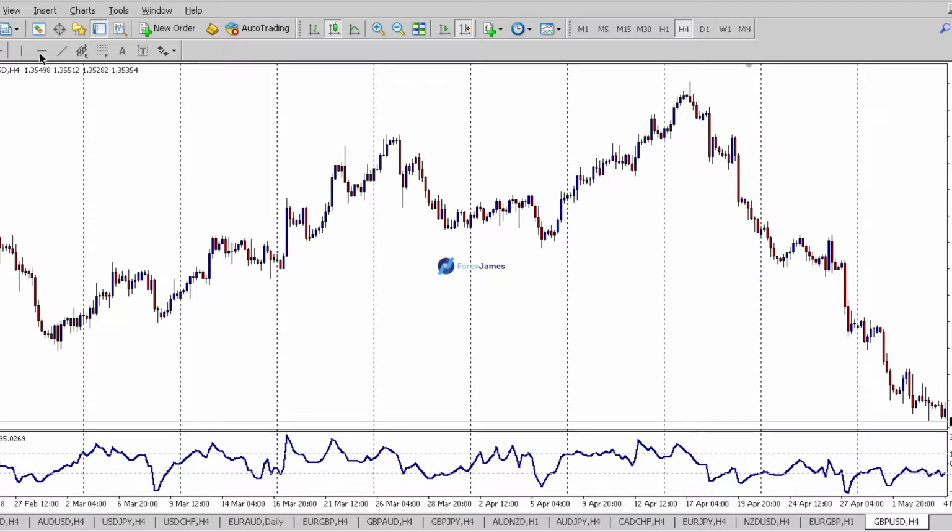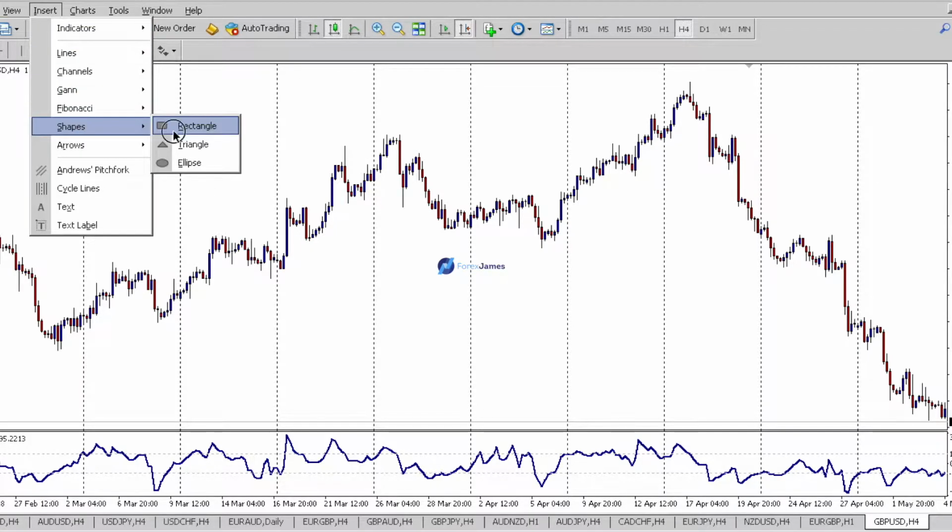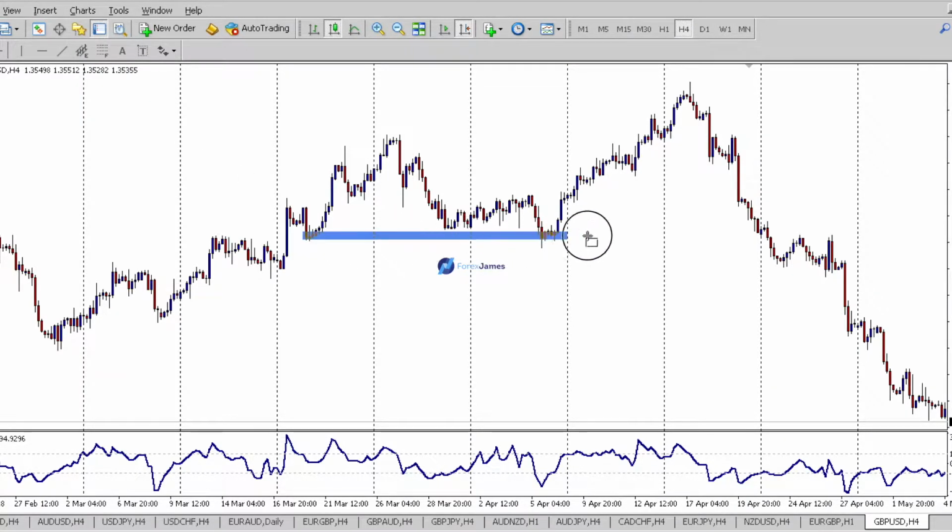As we like to draw our rectangles for supply and demand, this is how I usually draw my demand zones. As you can see here, price did react to this demand level.